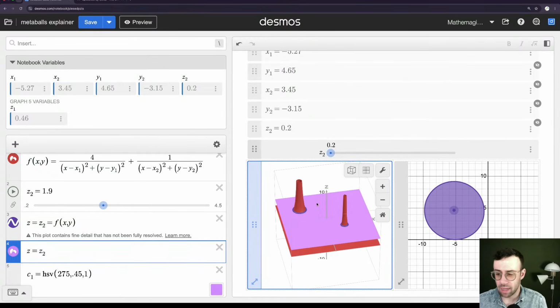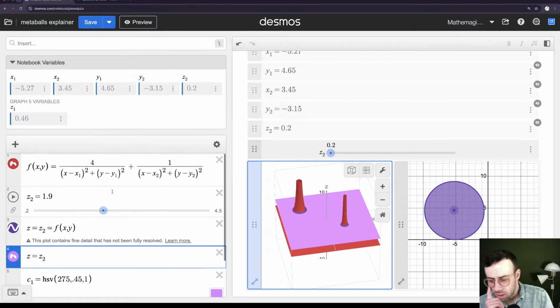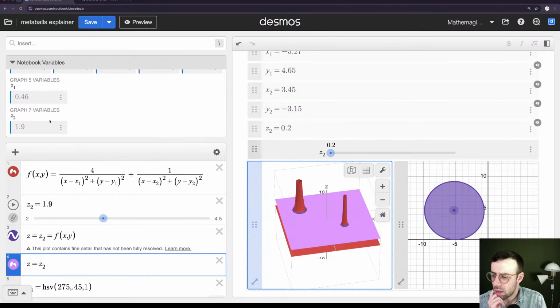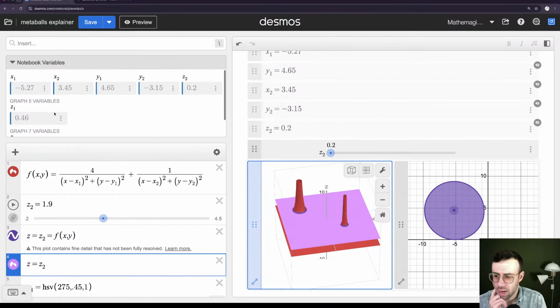I have it defined in both. Should I just get rid of this graph and remake it? Yeah, it's defined in graph 7.